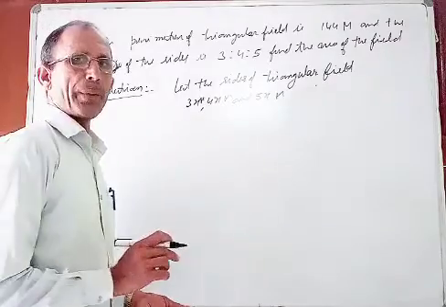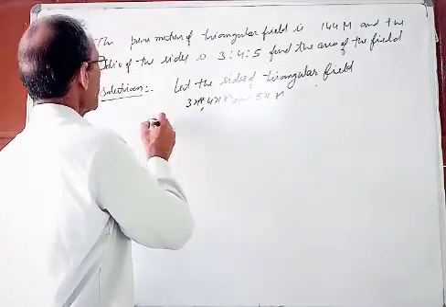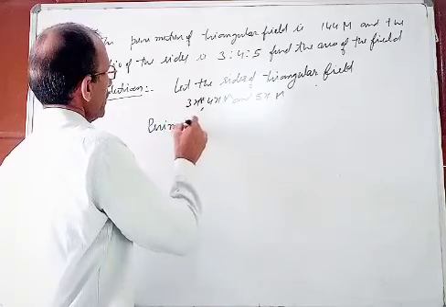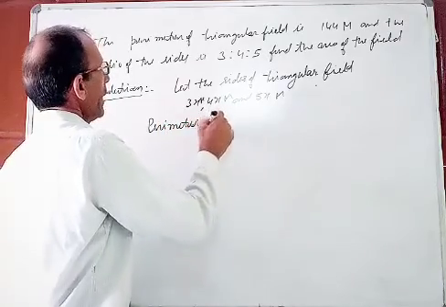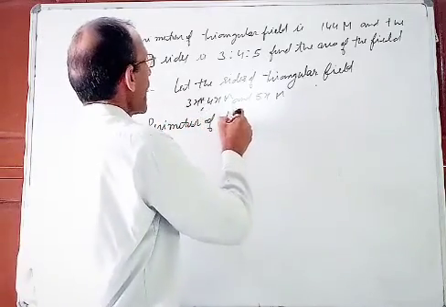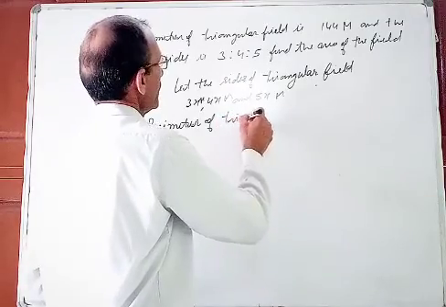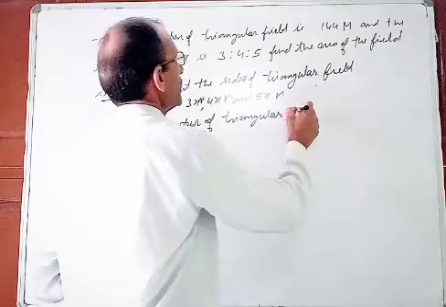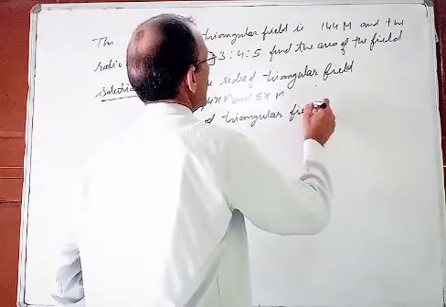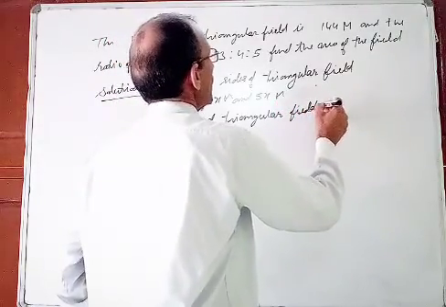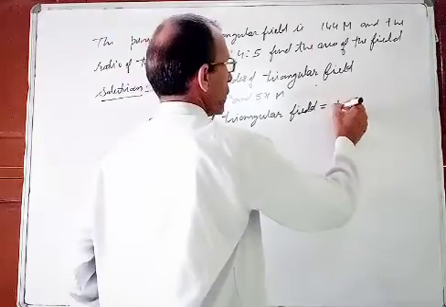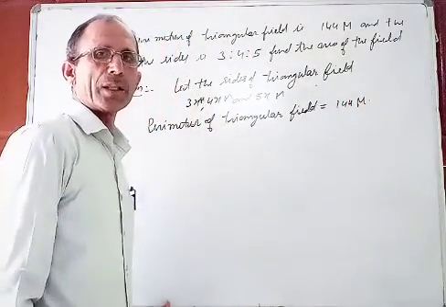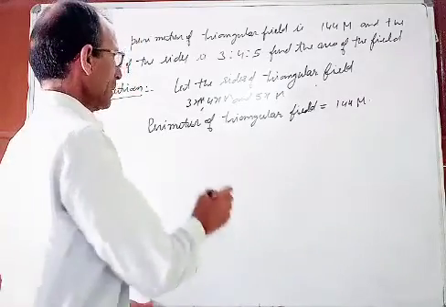So the perimeter of the triangular field is 144 meter.